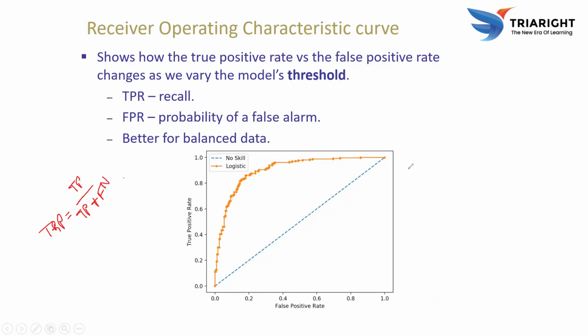For the FPR, the false positive rate, the formula is FP divided by FP plus TN, that is, false positive over false positive plus true negative. I hope you understand this equation.